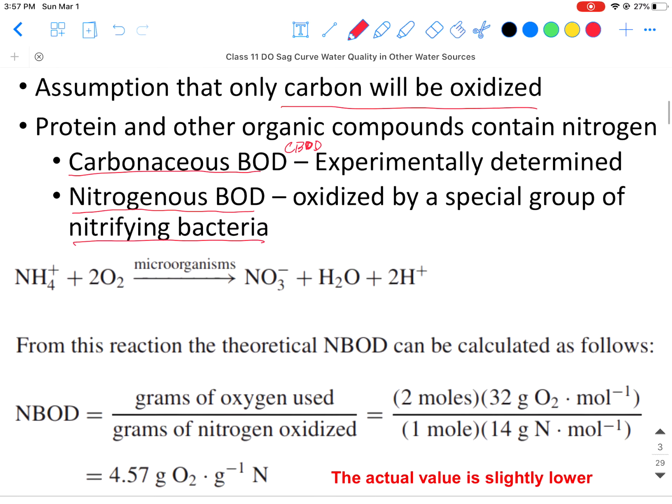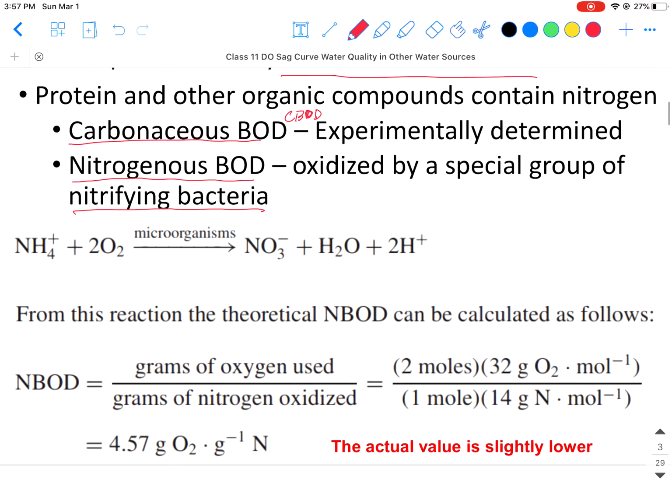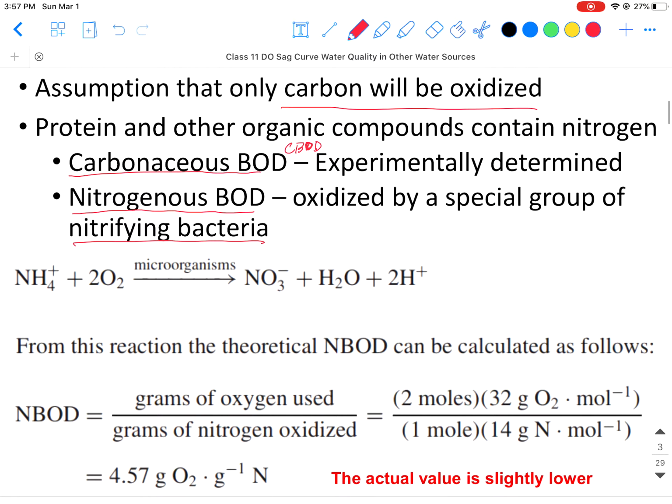If we look at the chemical process of this reaction, these microorganisms are going to utilize the ammonium ions, and these ammoniums are oxidized by oxygen to form nitrate ions, water, and protons. From this reaction, we can calculate the theoretical NBOD, right?